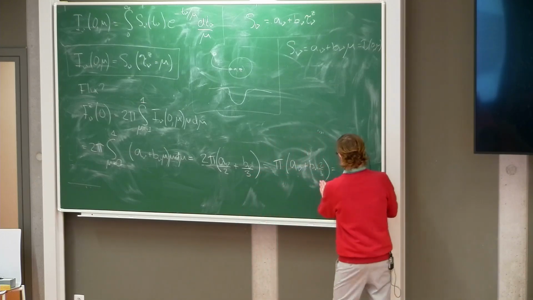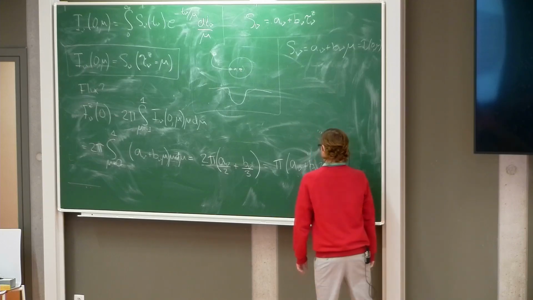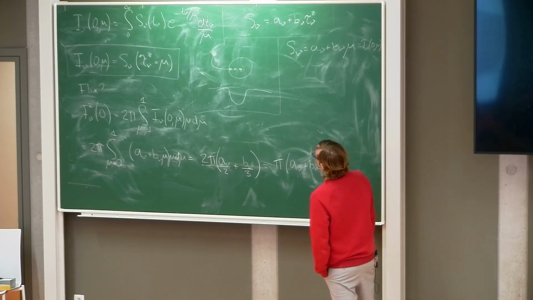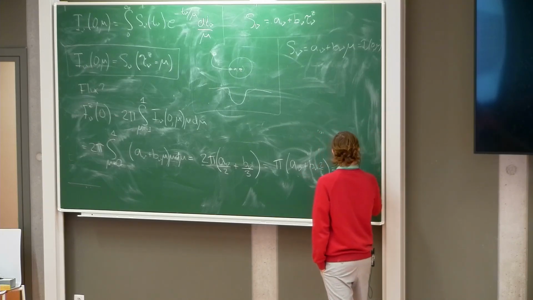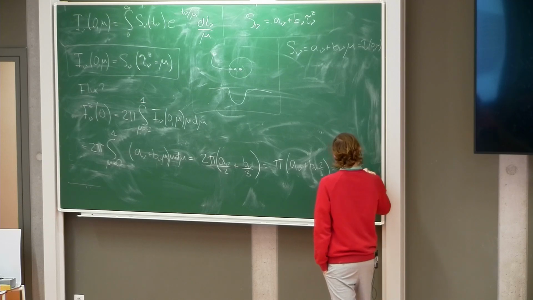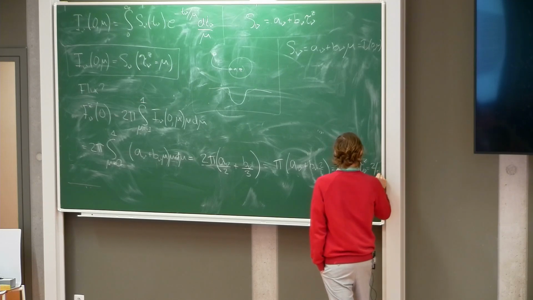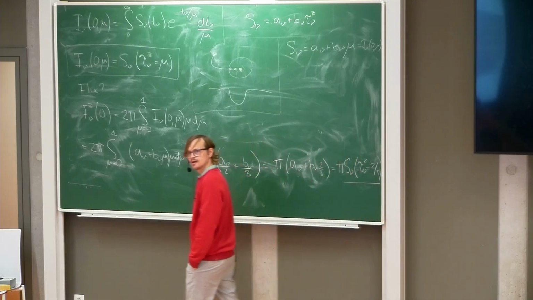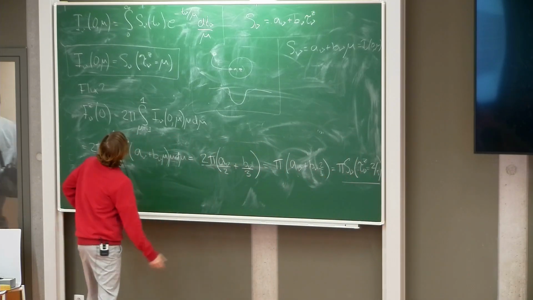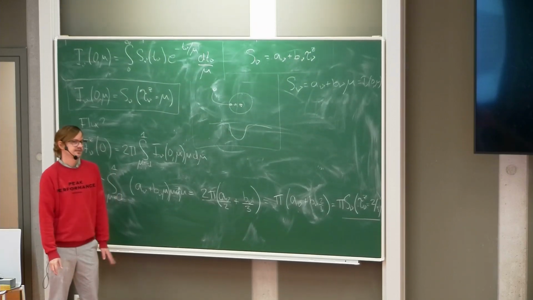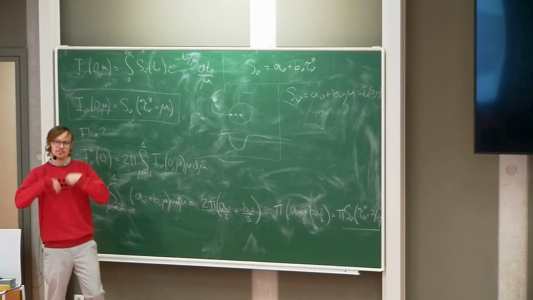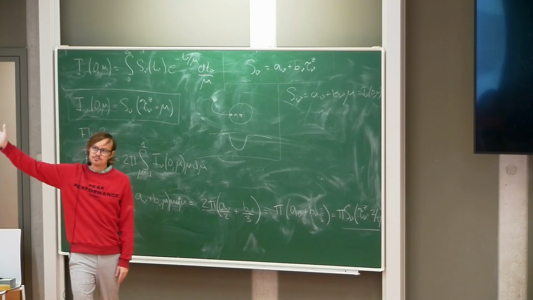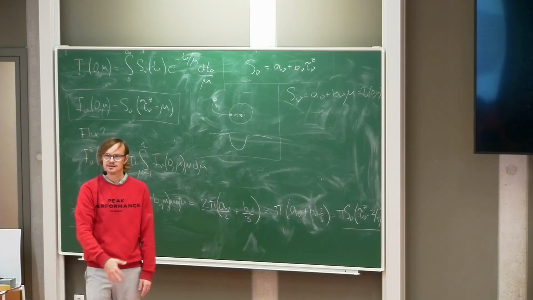So what is this? Well, this is pi times the source function at an optical depth tau equal to 2/3. So we see that the intensity is always emerging along the ray from an optical depth of unity, right?